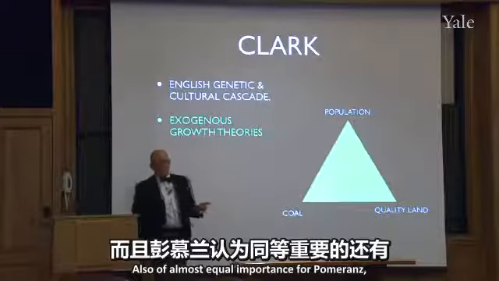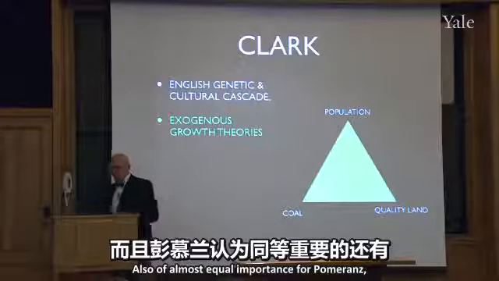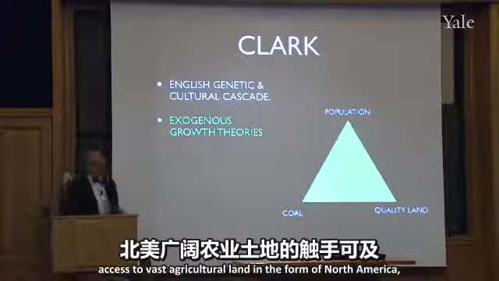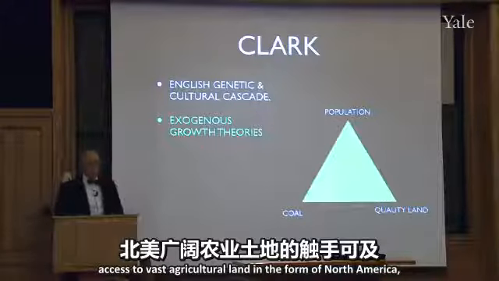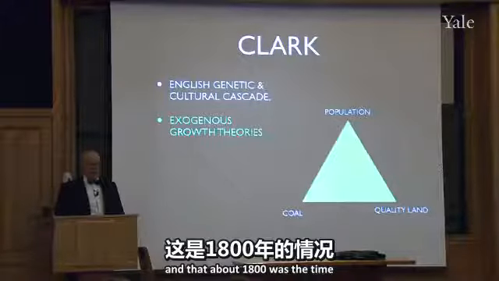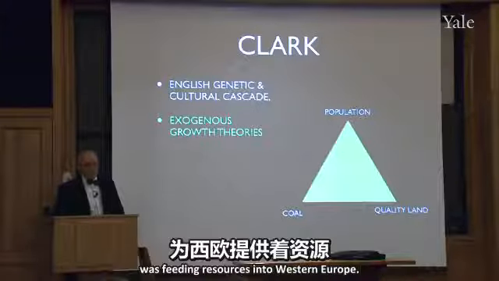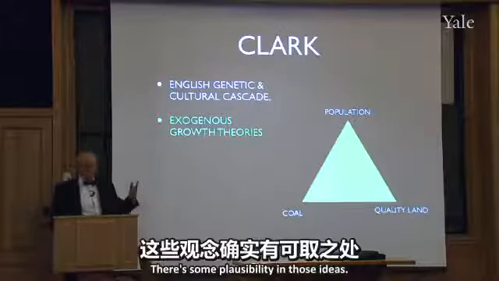And also, of almost equal importance for Pomerantz, access to vast agricultural land in the form of North America, and that about 1800 was the time when the exploitation of the largely empty continent in the United States was feeding resources into Western Europe. And there's some plausibility in those ideas.